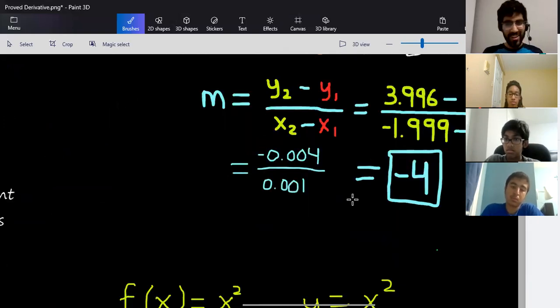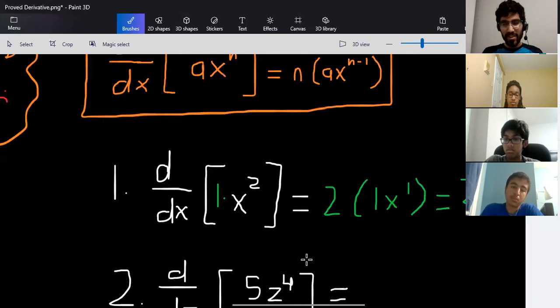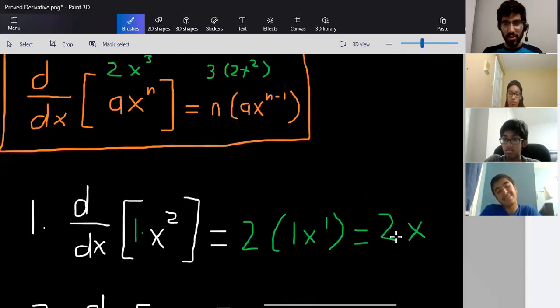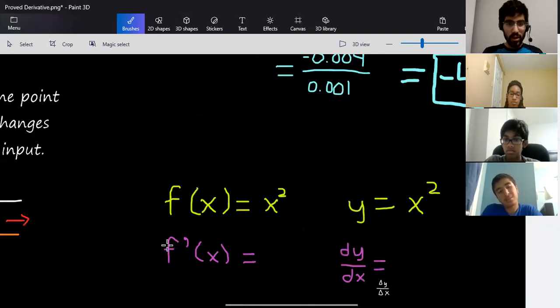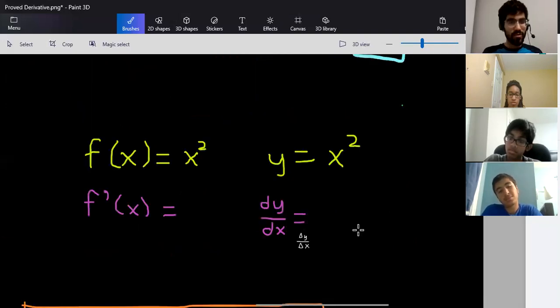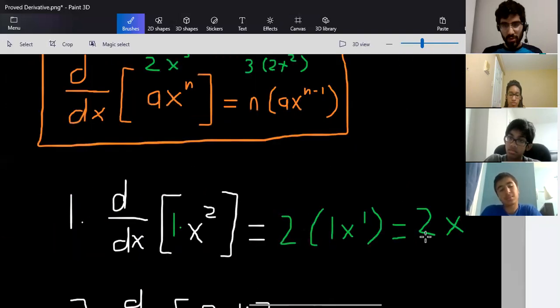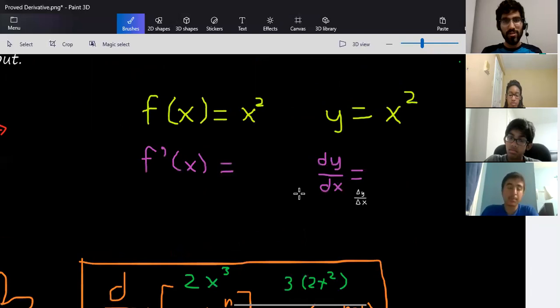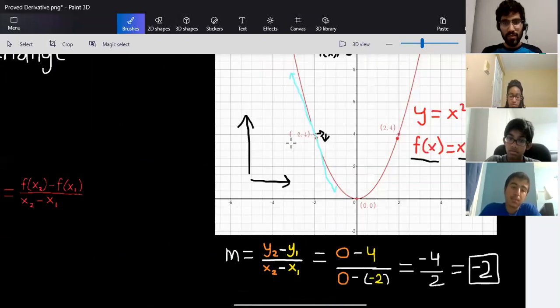Well, take a look. We just got that the derivative function is 2x. So if we take the input, put it into the derivative function, we should get this number, -4. So here we take 2, put in -2. That's the input. That's the point right here, -2.